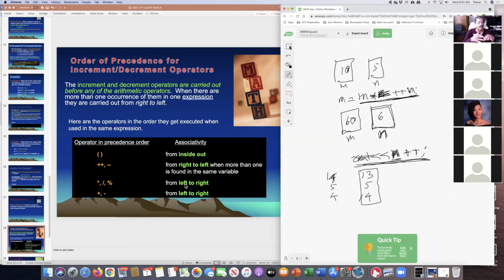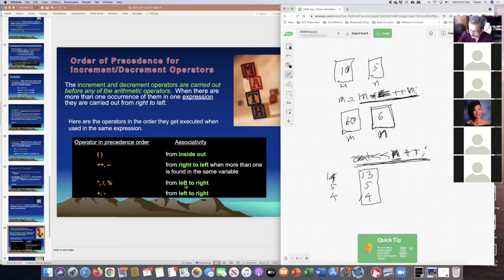Now, you know that the operators have order, and we learned that parentheses come first, and then earlier we learned that multiplication, division, and modulus will be the next. But if there is plus plus or minus minus, that'll be next. That's clear because we already saw that before multiplication.